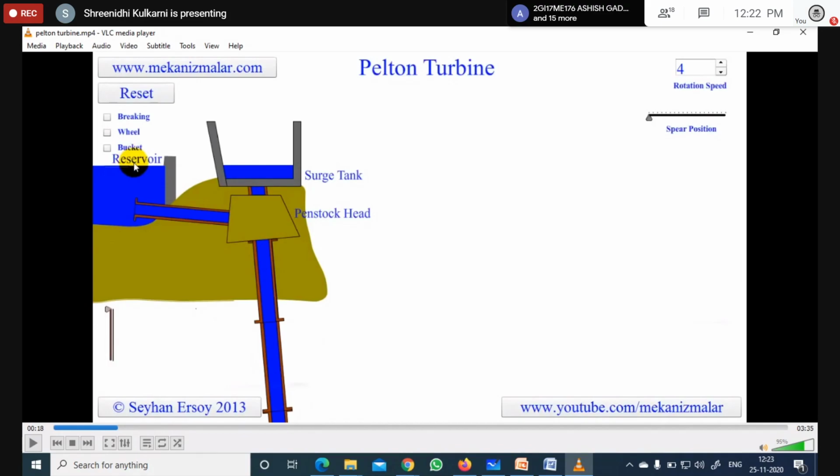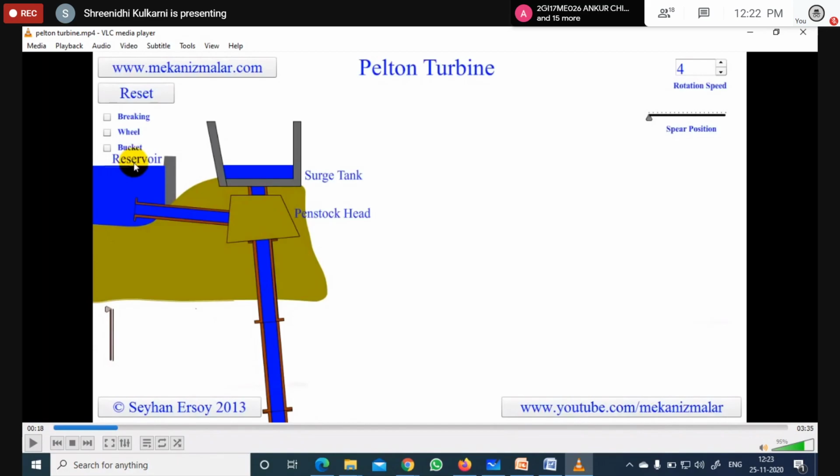Next, here we can see the penstock. Penstock is nothing but a large diameter pipe. The diameter of the penstock is varying from 8 to 10 meters.